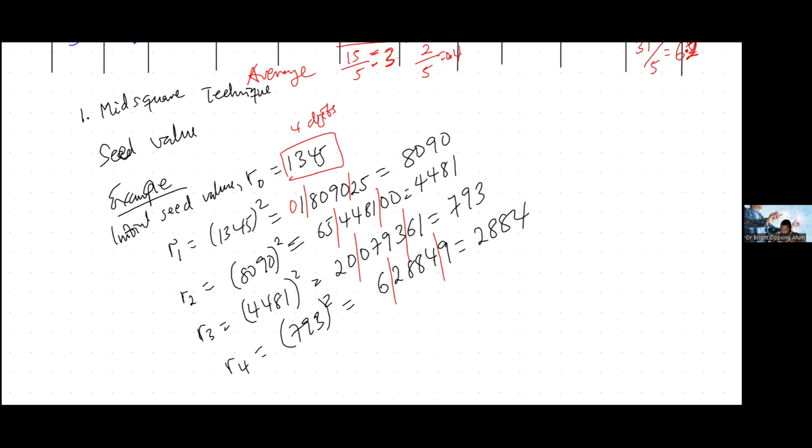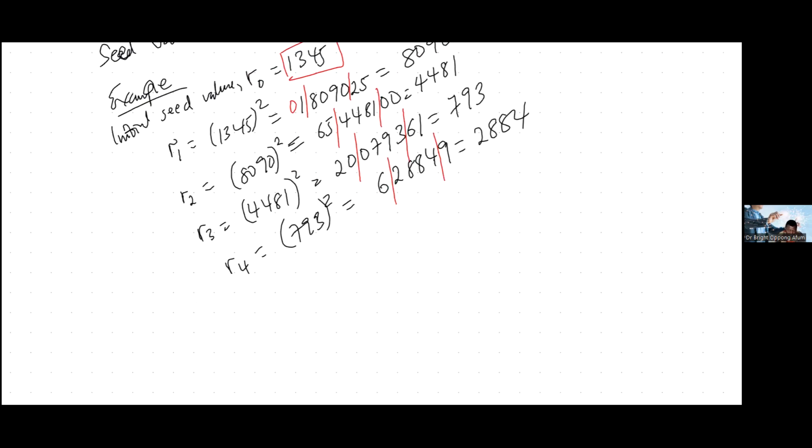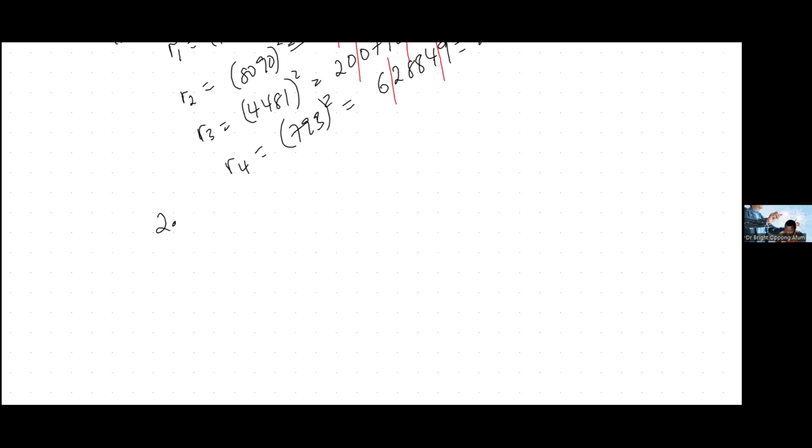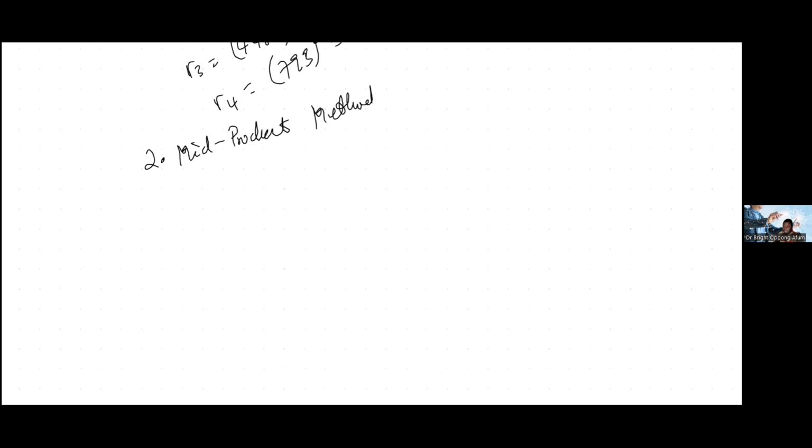We will actually do that in Excel, but let's look at the second method. The second method that we will consider is the mid product method. The mid product method is based on the next random number being a constant times the current random number, or the current seed value.